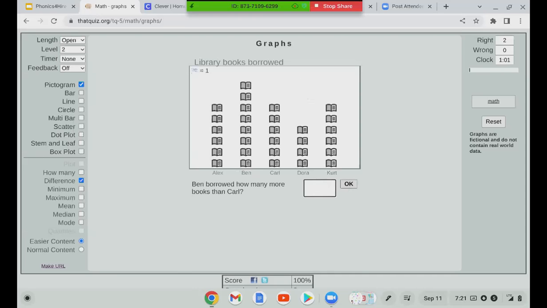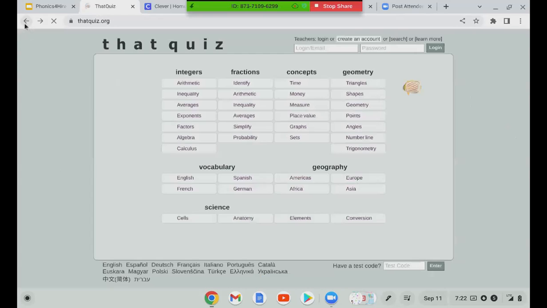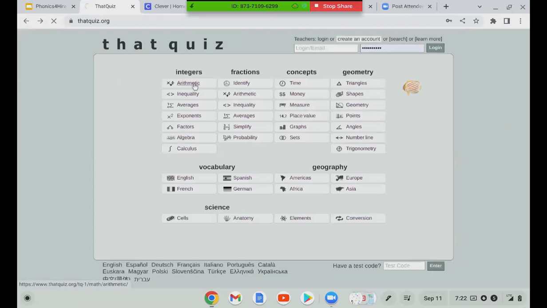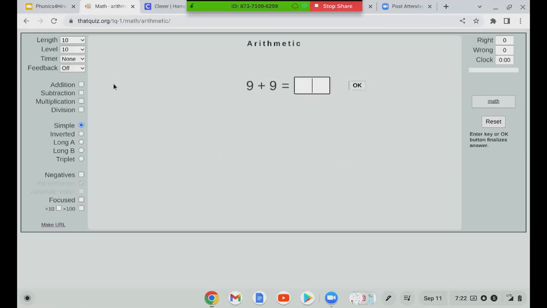So I did want to show you all that because these are quizzes that your child is going to get this week. Let me go back to the home screen because I want to show you other things you can go ahead and start practicing with your child on, and that's fact fluency. So what you're going to do is go to arithmetic, and I like to start them at the lowest level, but the length can be open.